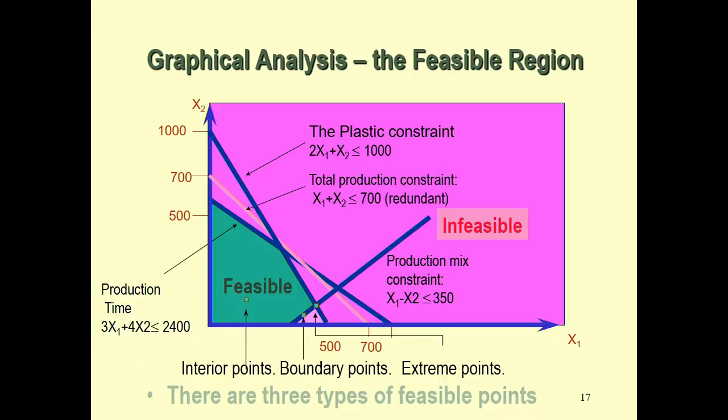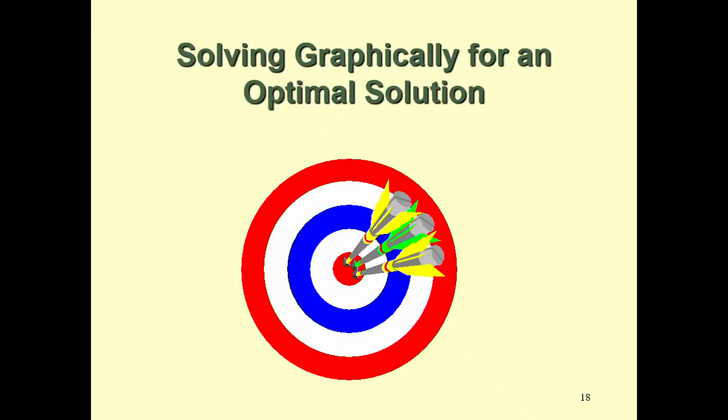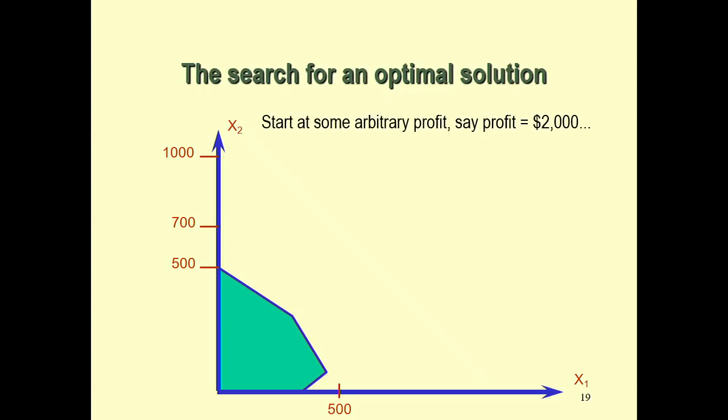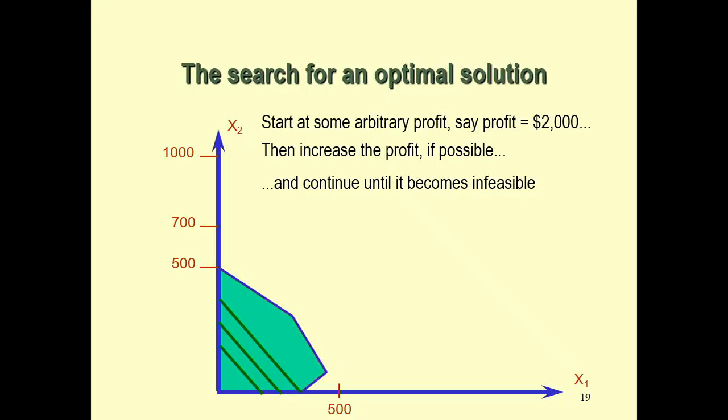So if we were to pick a value and graph that, let's say start at some arbitrary point like $2,000. This is that line. This is 8x1 plus 5x2 equals 2,000. But we can do better, right? And if we take that line and say, all right, let's move it out. This is the profit line.